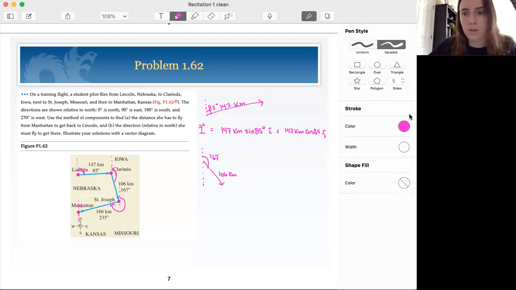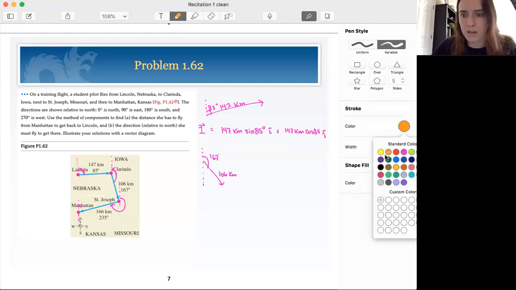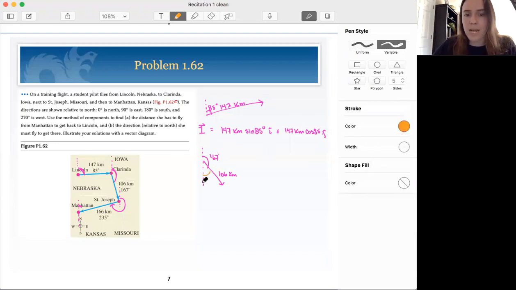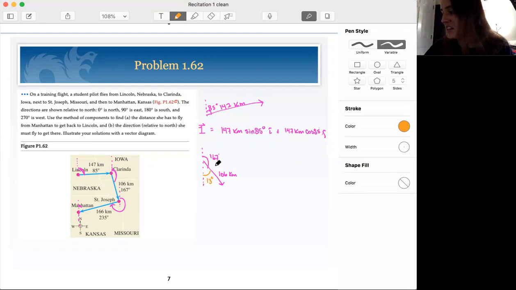So I'm going to recognize that this angle is going to be 180 minus 167. So that's going to be 13 degrees. Just double check that I know how to do basic math right now, because the last couple videos have shown no. Yeah, so 13 degrees.